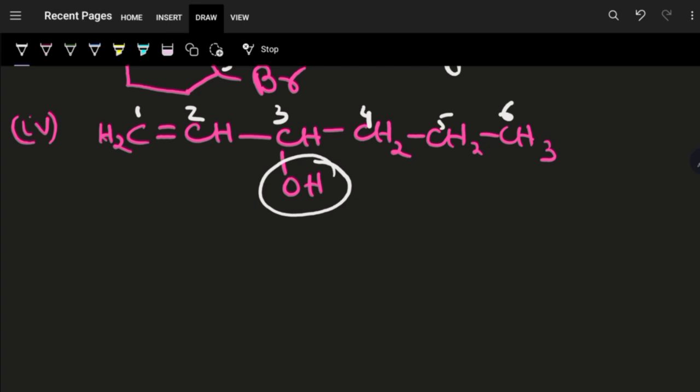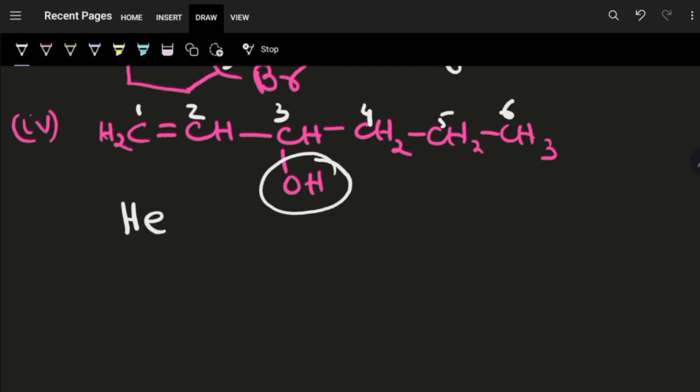So here we can see it's a hex system. Had it been only 6 carbon atoms with a double bond between 1 and 2, it is hexene. So similarly, this is also a hexene system, but there is an ol. So I will write hex-1-en-3-ol. Why?